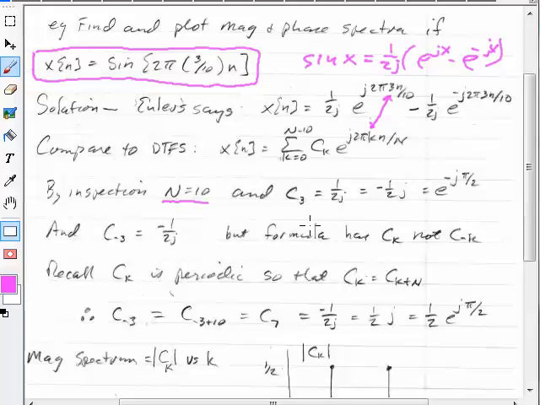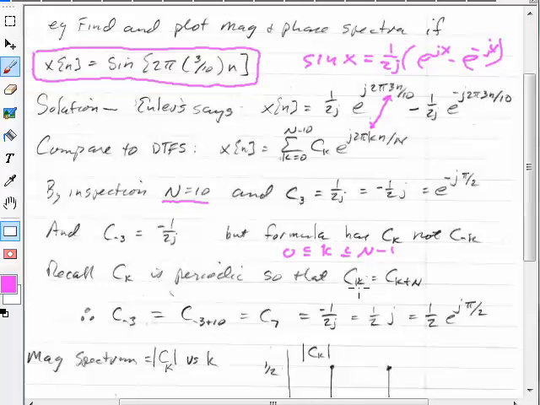But sometimes we want to get it into values of k that go from 0 to N minus 1, and we notice that minus 3 is not in that range. However, we know the c k's are periodic. So we can take any c k and add N to it. So c minus 3 should be exactly the same as c minus 3 plus 10.